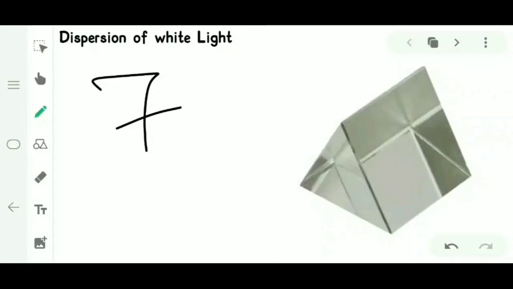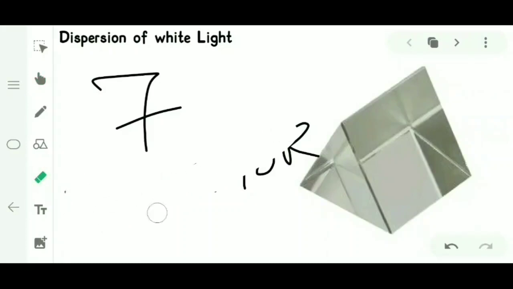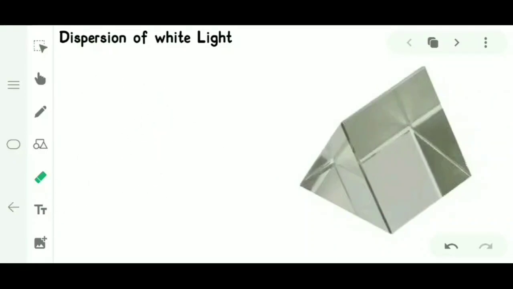This is VIBGYOR. V stands for violet, I for indigo, B for blue, G for green, Y for yellow, O for orange and R for red, and all they are 7. Got that? So when the white light splits into these 7 colors, we can say it is a dispersion of white light.